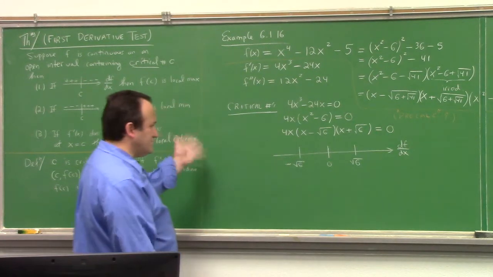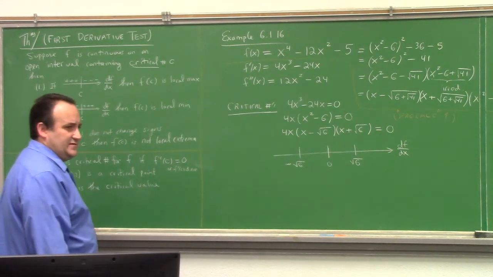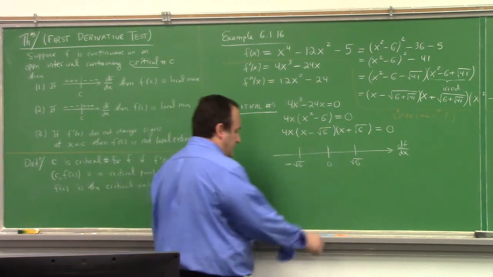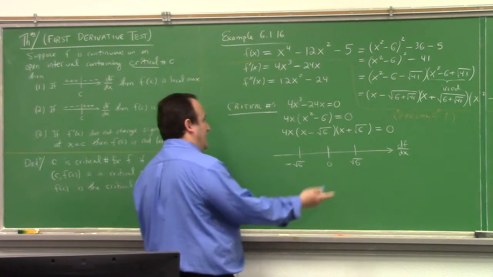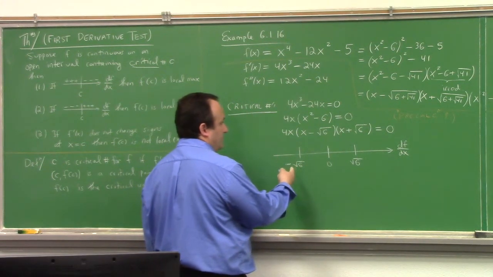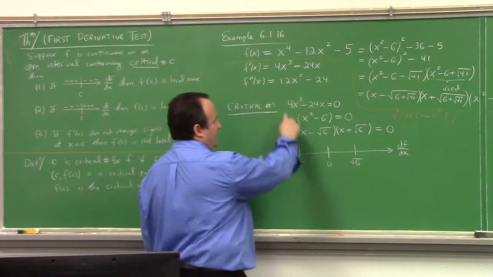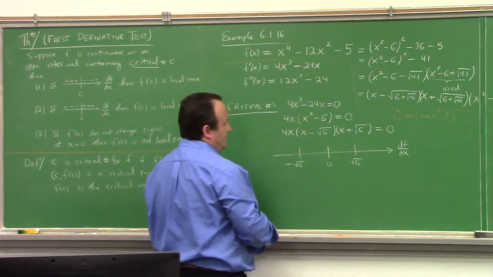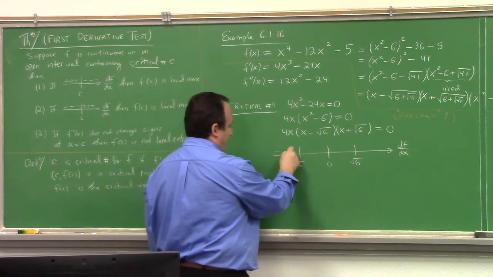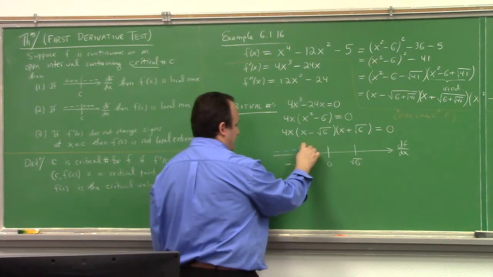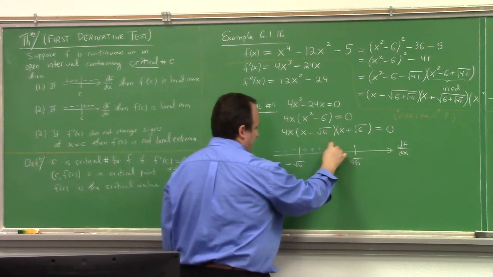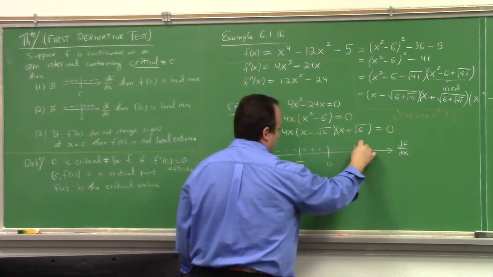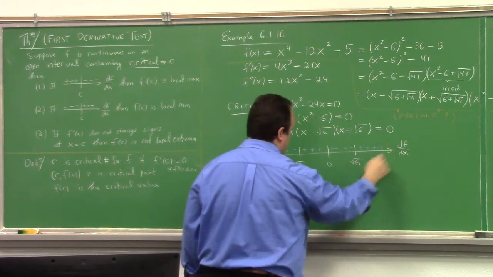And then we can plug in some numbers, right? If x is sufficiently negative, then this 4x cubed term wins and you get negative. Then it changes to plus, it changes to minus again, and then changes to plus again.